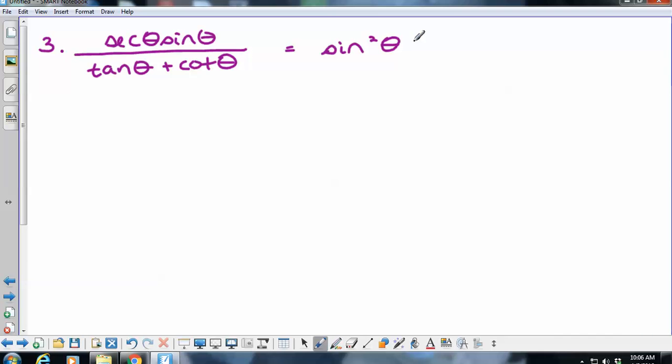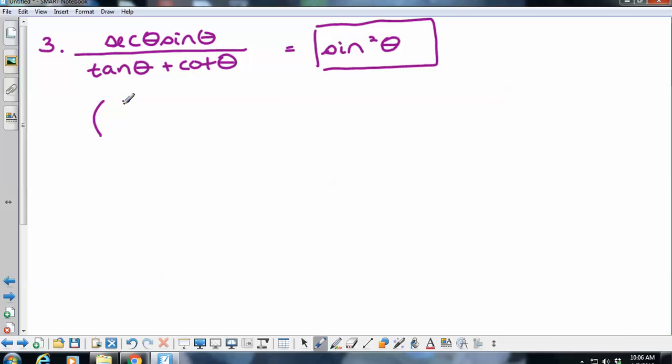So this is not real pretty. If you were working this on your own, what would you do? Box in the right side. That's fairly simple. So we have to take this ugly piece and turn it into that nice simplified sine squared x. So where do we start? Change the sine and cosine. Okay.